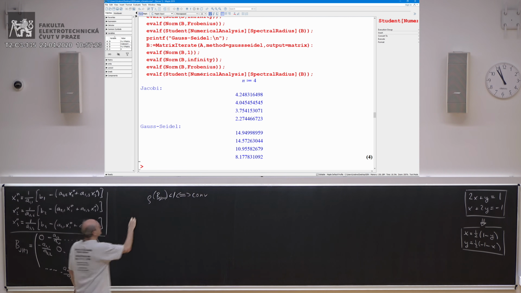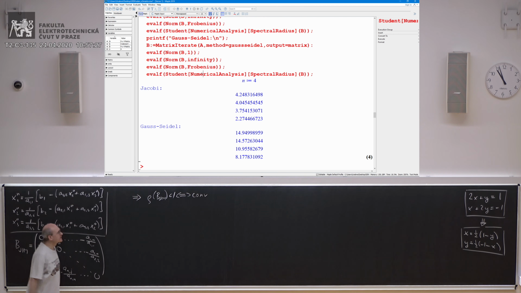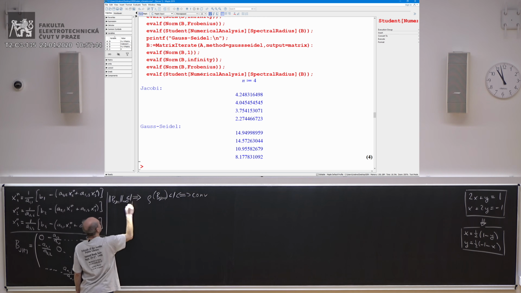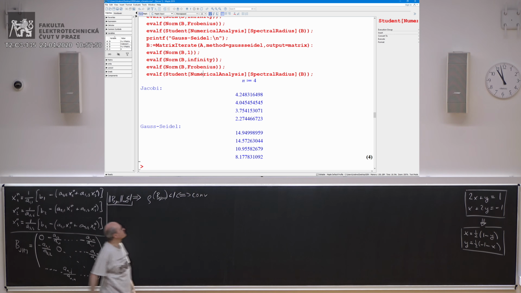But because we don't quite like spectral radius, especially for large matrices, we prefer to check some norm, and the infinity norm is a good candidate. So we would really love to see the norm of the iterating matrix for Jacobi iteration to be less than 1. That's our aim. But now it's just an implication for the convergence.